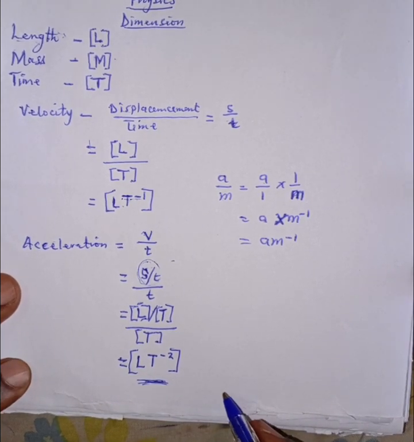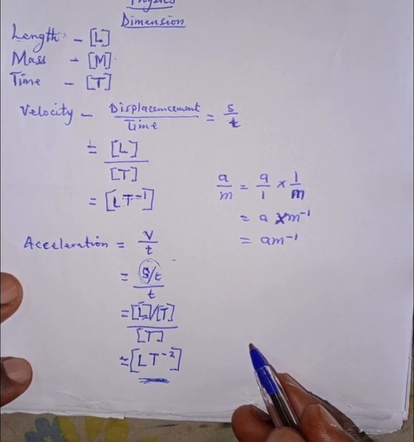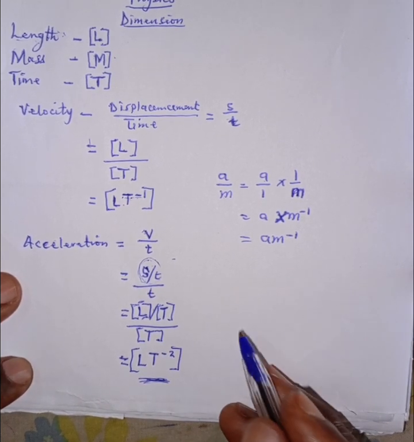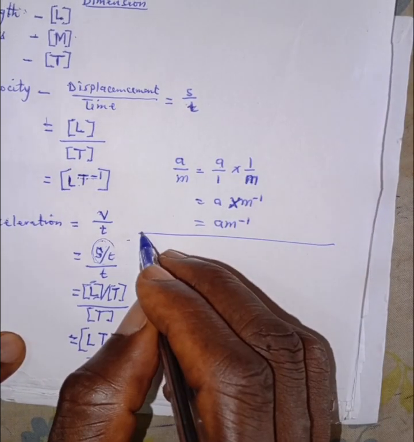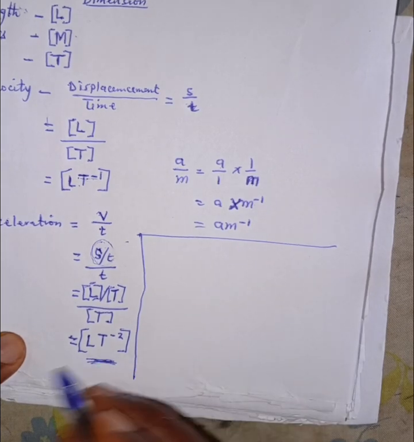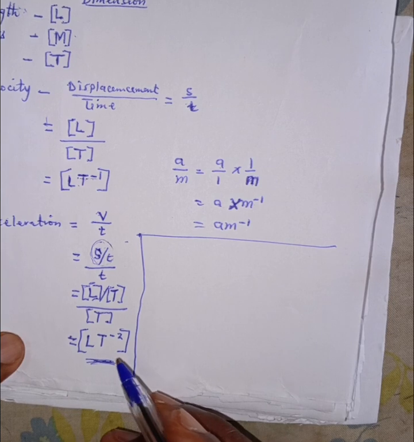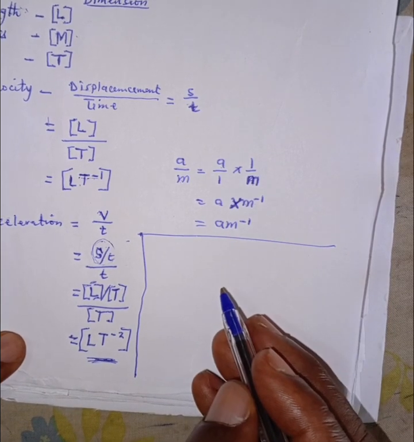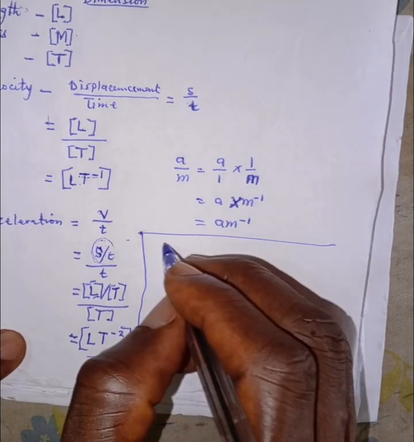You can also use a different method to still find the dimension of quantities. If you don't want to use the definition method, you can use the units to find them. Take, for instance, velocity.